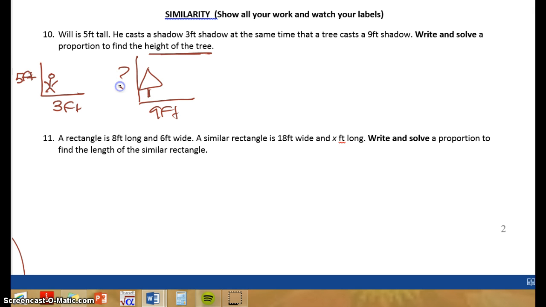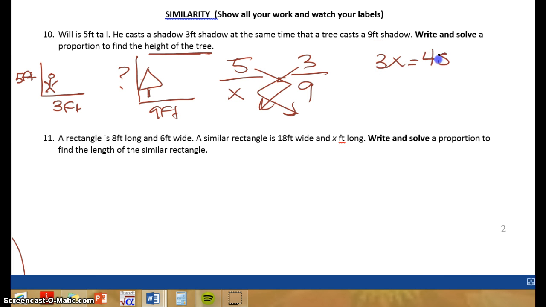So now we're going to set up a nice proportion. I'm going to do height over height equaling shadow length over shadow length. So it's 5 over x, let's say, equaling 3 over 9, as long as I'm consistent. I went from Will to the tree, Will to the tree. Find my cross product. We're finding a lot of cross products for these, so that's good since we're good at that. 3x would be 3x there. 5 times 9, 45.